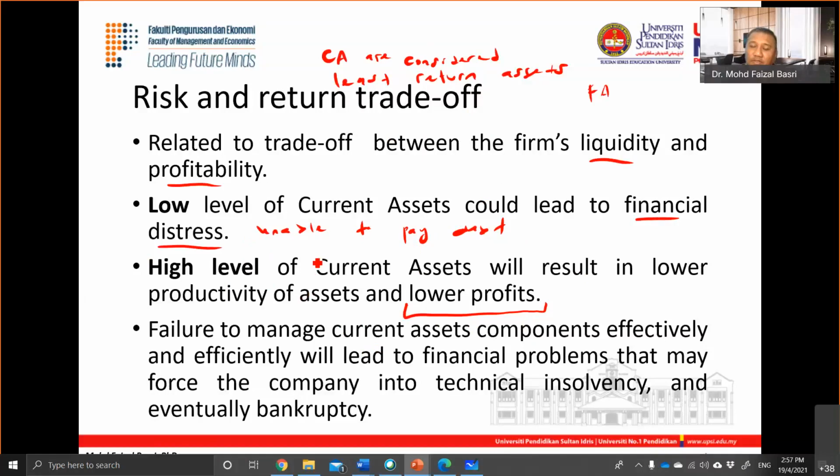So by having proper working capital management, we are trying to balance out. We don't want to face a low level of current assets, and at the same time, we don't want a high level of current assets. So we are trying to find the balance between the two. All right, so that's the main reason why we need to manage our current assets.